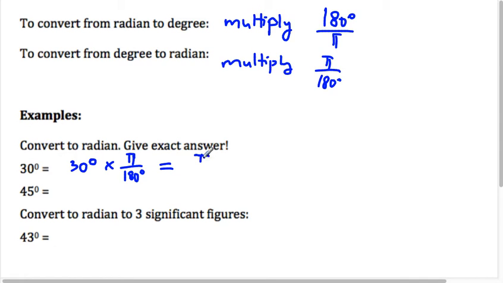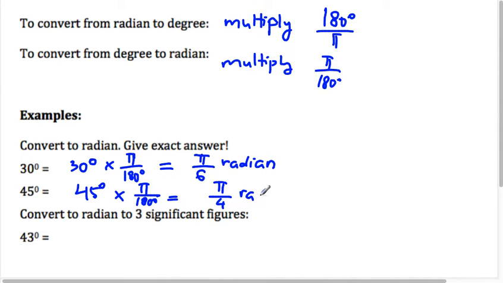So then we have pi over 6 radian. Similarly, 45 degrees, we will also multiply by pi over 180 degrees. And then 45 over 180, if you make it simpler, is 1 over 4. So you will end up with pi over 4 radian.